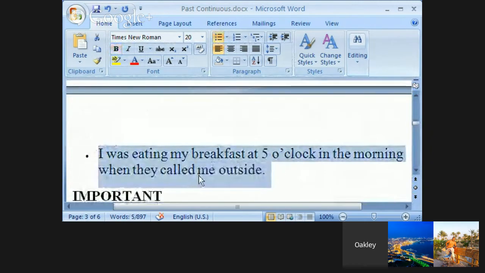And this happens. When I explain uses of verb tenses to students, I always have to explain that frequently you will be accomplishing more than one use at the same time. This happens a lot. This is a very good example. This sentence is a perfect sentence. So you're using the past for two reasons at the same time.